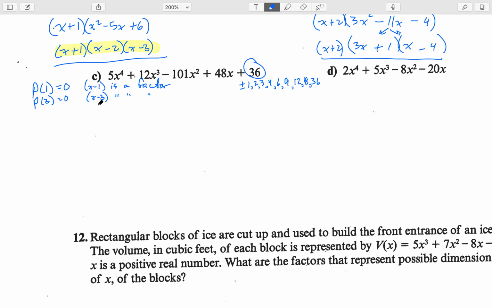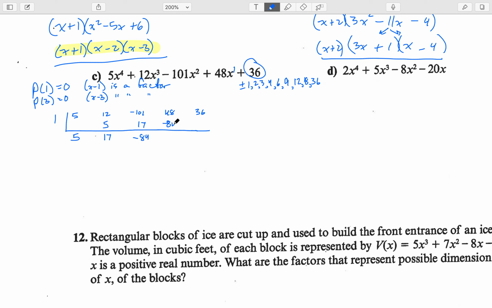Here we go. So positive 1 goes out front. What do we got? We got 5, 12, negative 101, 48, and 36. Remember, they've got to be in the right order, and if there's a 0, we got to put them in. 1, 2, 3, 4. We're good. 5 comes down, 5. 17 comes down, 17. Okay, so negative 101 plus 17, negative 84.